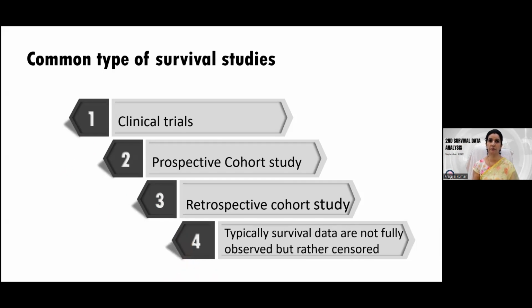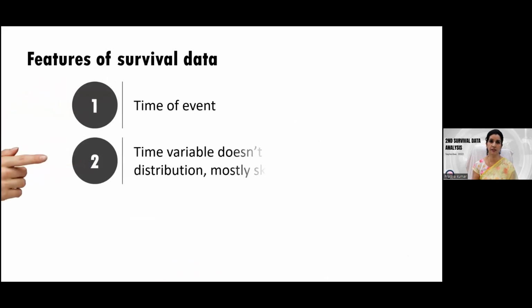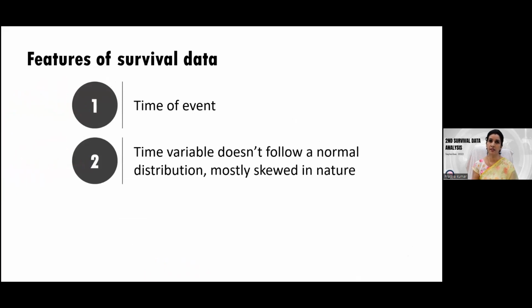But again, typical survival data are not fully observed. In the classical case, you will find that there will be many data which are censored. They are not fully observed. Now there are some features of these survival data. We have discussed that the outcome variable in this case is time, and this time variable does not follow a normal distribution because there is a wide range.